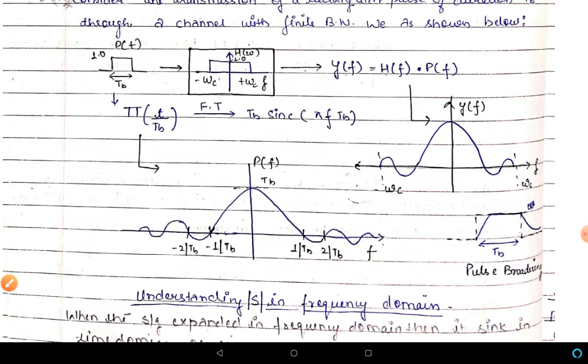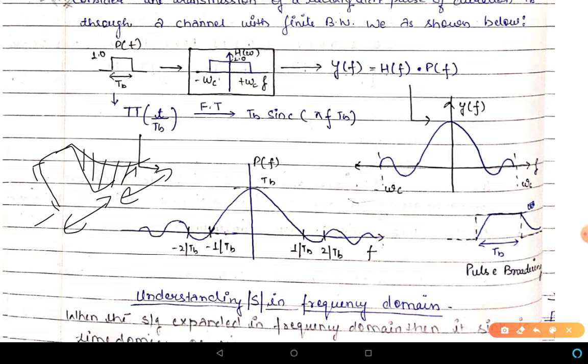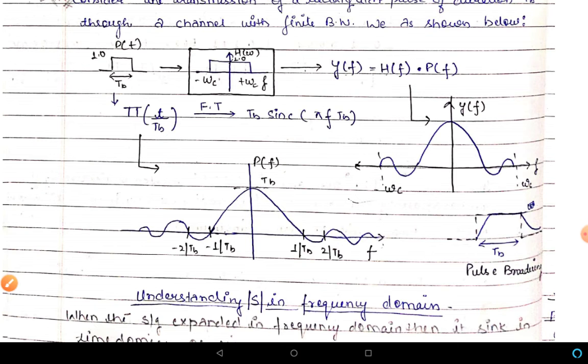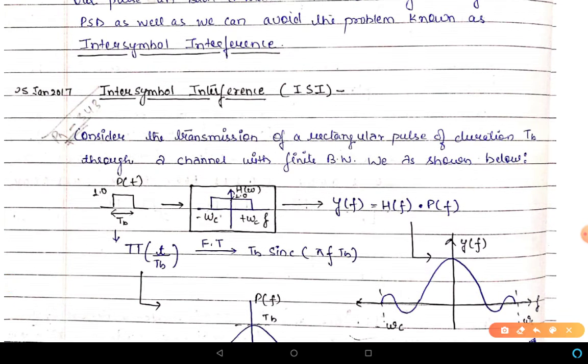Expansion means the pulse which was supposed to be for this duration will now expand after this duration and interfere with some other pulse in this region, because this portion is basically for some other pulse. That is why this phenomenon is called ISI, or inter-symbol interference.